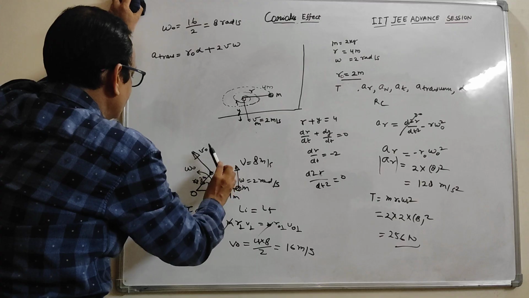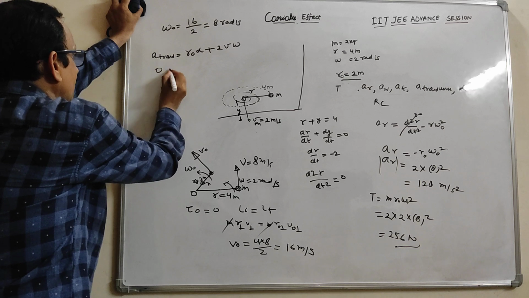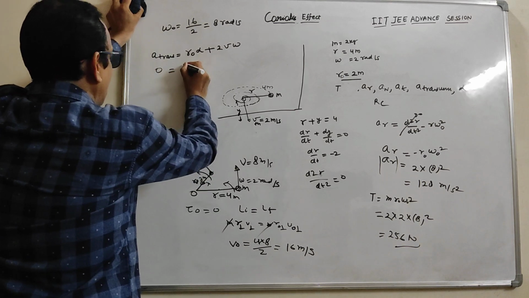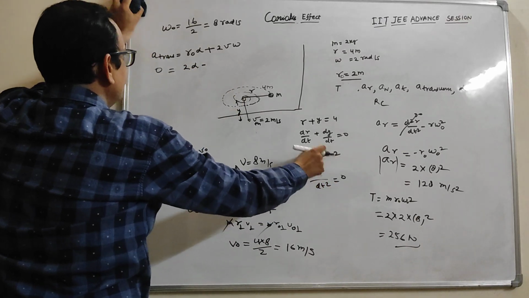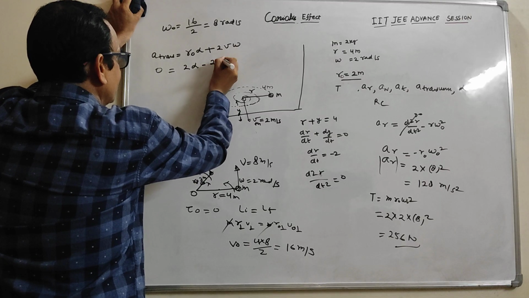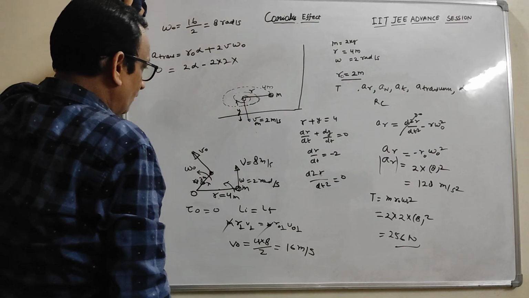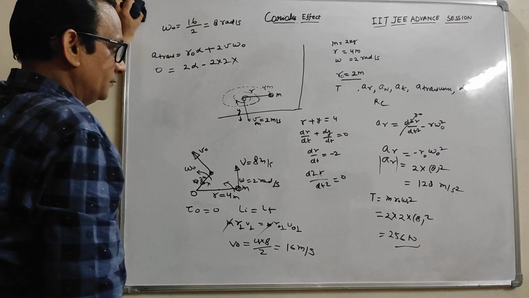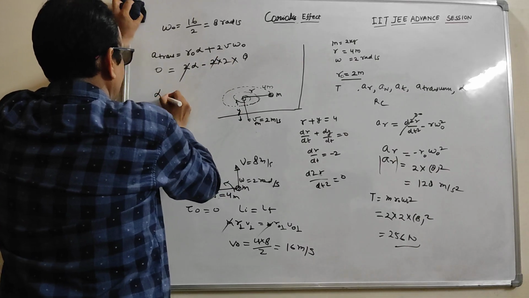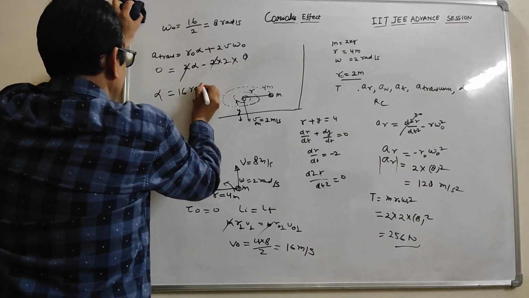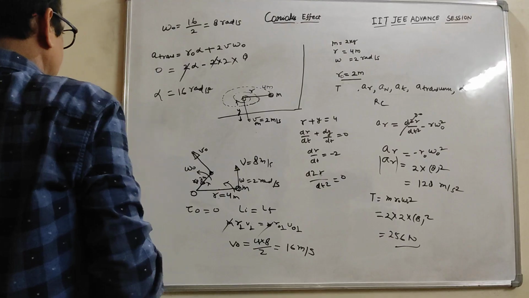So the angular momentum would be constant, then the transverse acceleration would be 0. So r naught is 2, alpha minus, the velocity is negative here, dr/dt. So this becomes 2 alpha minus 2, and this is omega naught. The value of omega naught is 8. So 2 cancels out, and alpha becomes 16 radian per second squared.